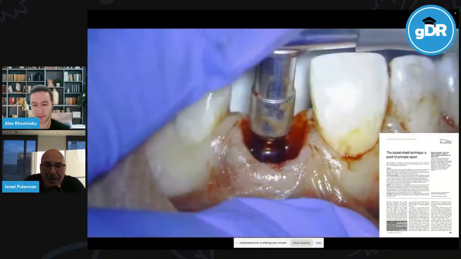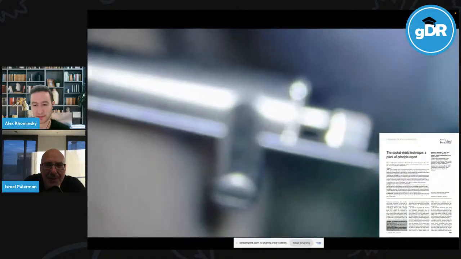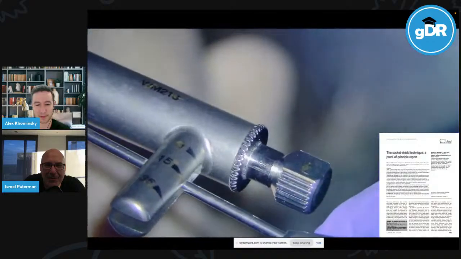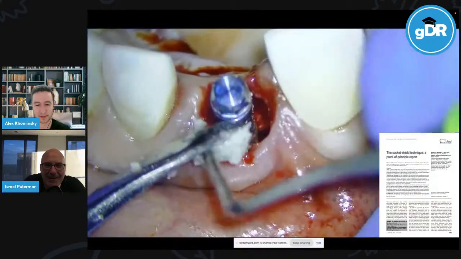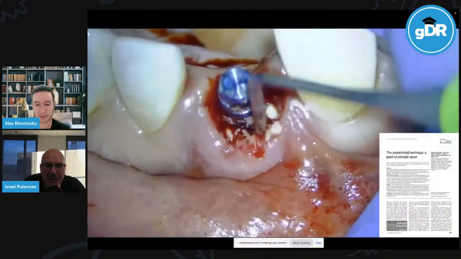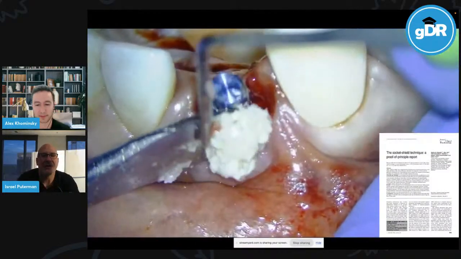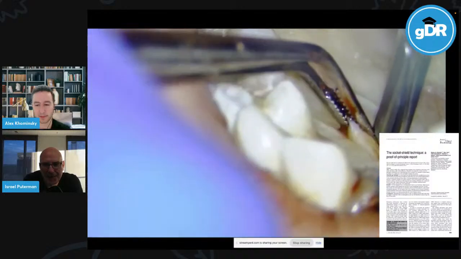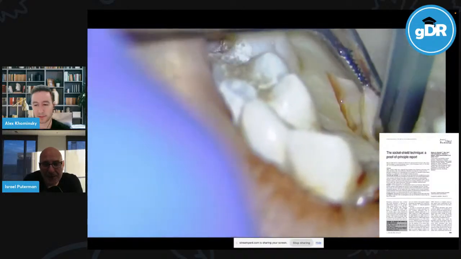I said, okay, well, am I going to change that provisional and really modify it? And I say, no, the primary stability is not great. It's probably about 20 Newton centimeters. Say there's no need to do that. So I remember the apical position of the gingival margin.